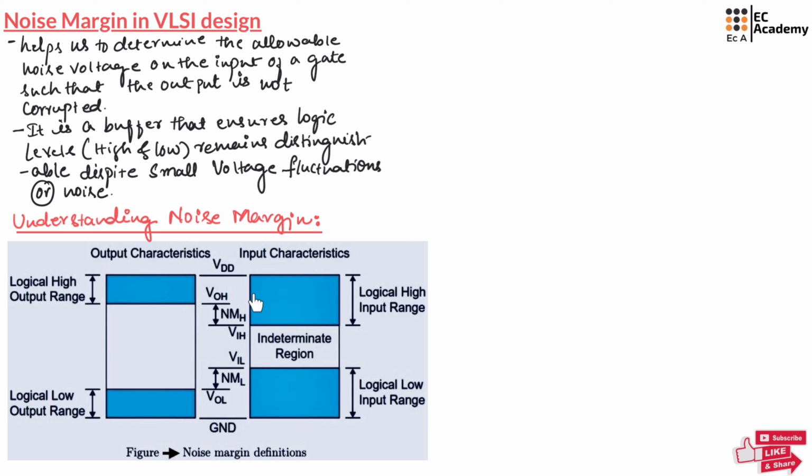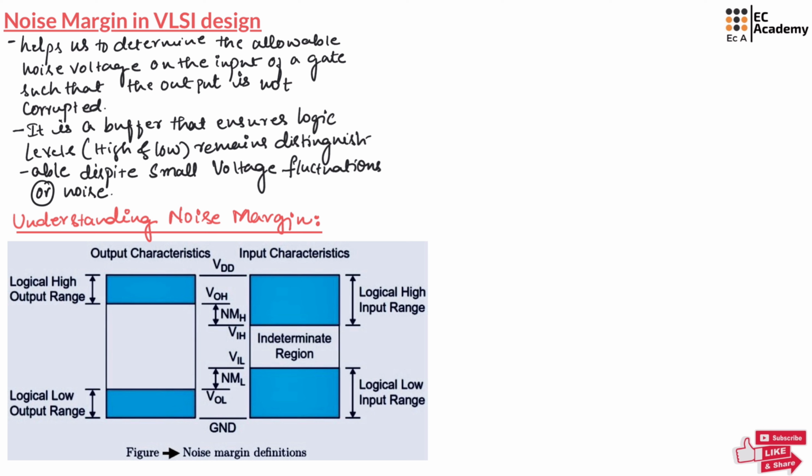You can observe this is the range of the logic high at the input and the range of the logic high at the output. If we take the difference between these two, we obtain the noise margin for logic high. Similarly, we have the logic low input range and logic low output range.